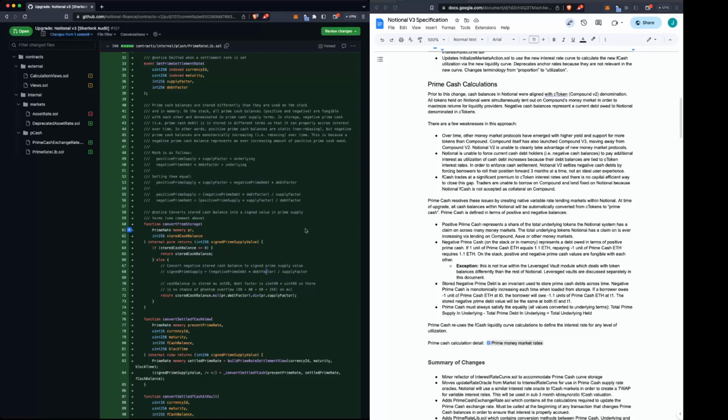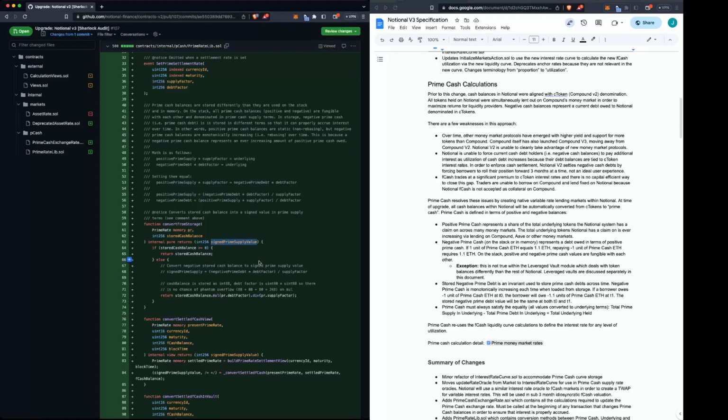However, on the stack, to maintain some fungibility and more or less compatibility with the Notional V2 code base, we convert negative prime debt values into prime supply values. What that is termed in this file is the signed prime supply value.